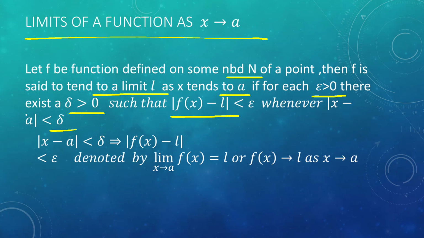So you are saying x minus a less than delta implies that f of x minus the limit is less than epsilon.